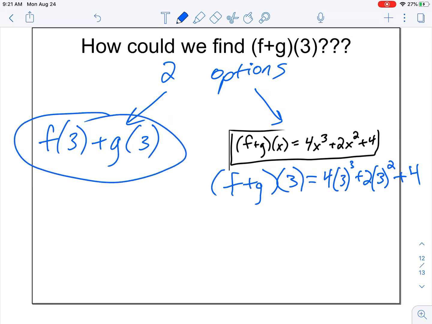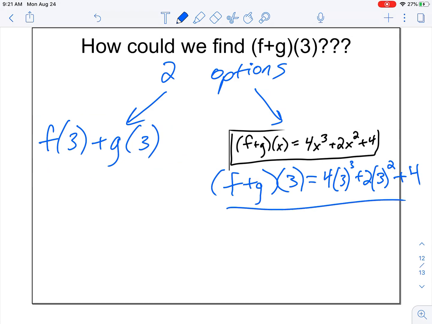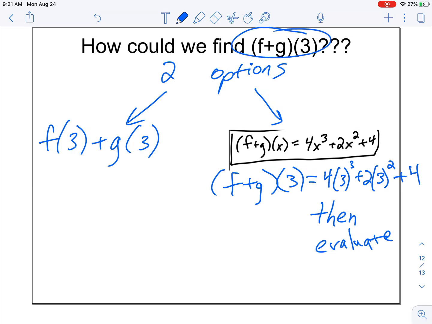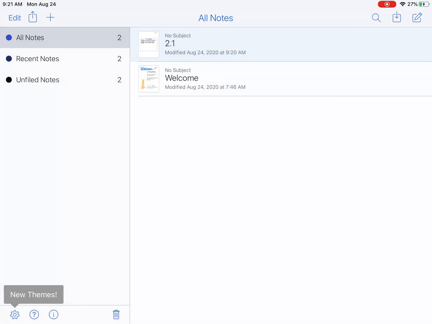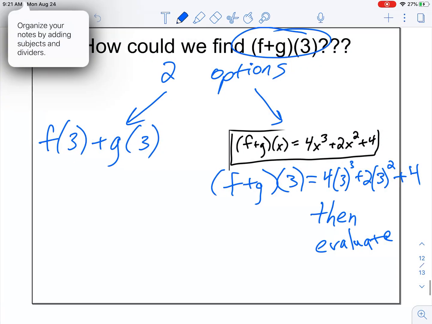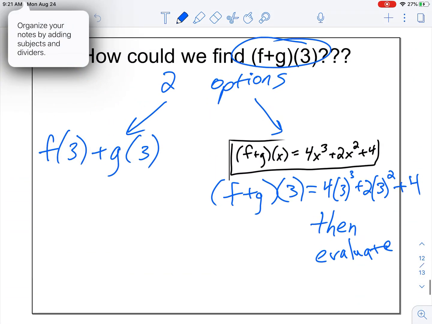I can do a 2-step procedure and make it a 1-step procedure now by just plugging that 3 into that new function called f plus g of 3. Now we're not going to clean it up from there, so then evaluate like we did before. But I just want to show you the 2 options when you see something like f plus g of 3. Oh, sorry. All right, so that's it.